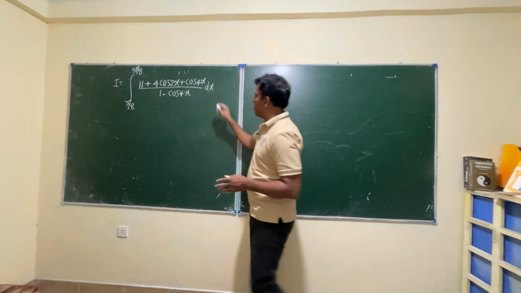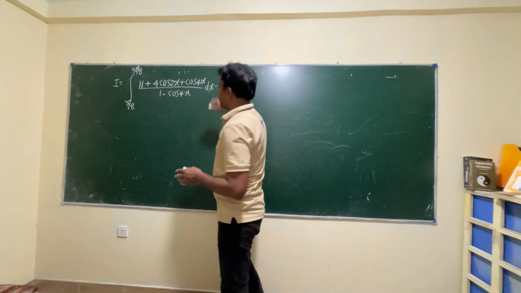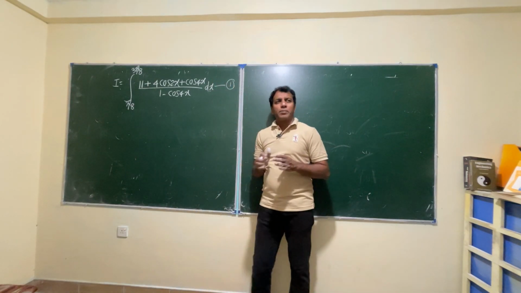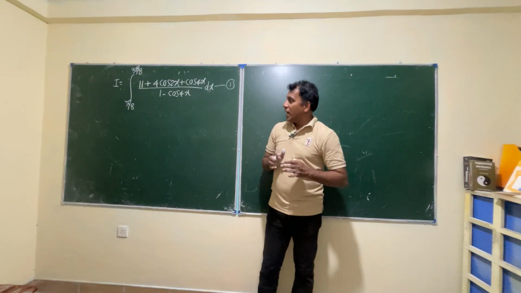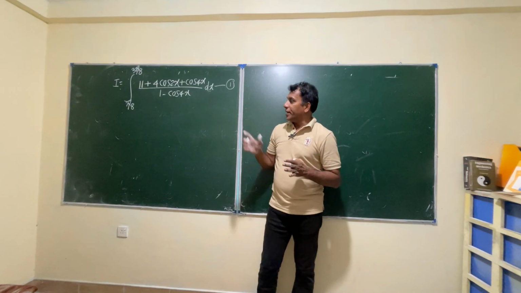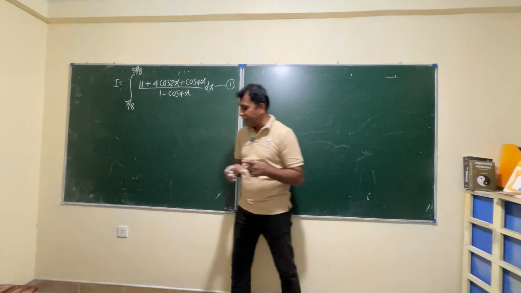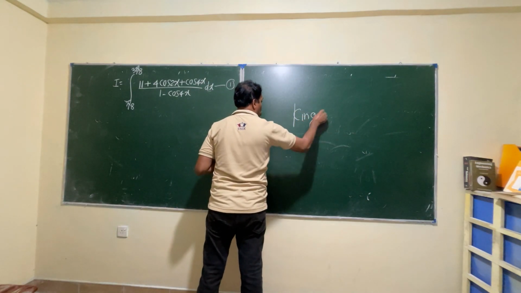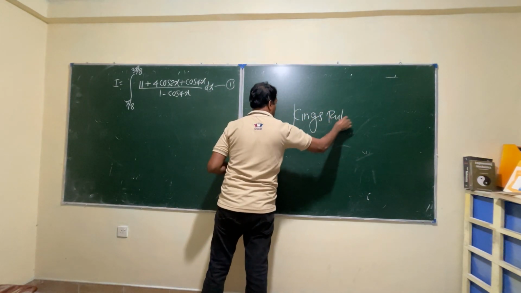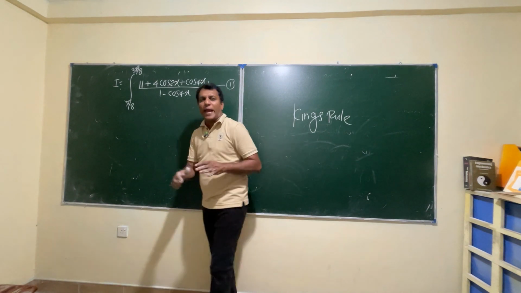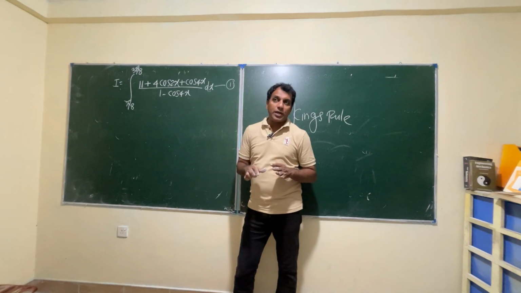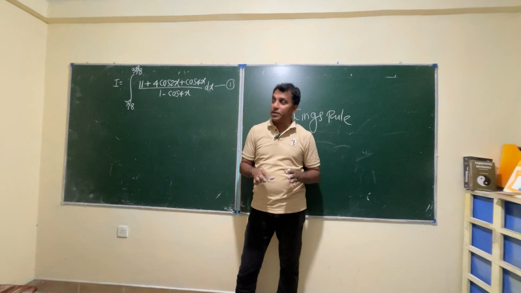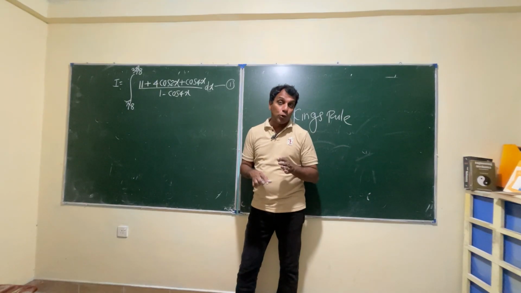Such a problem comes before, so they will ask. The idea is we use the King's rule, you know, King's rule. Reference, see every exam paper, mostly any type of final papers, provincial papers, school papers, there is a part called King's rule.